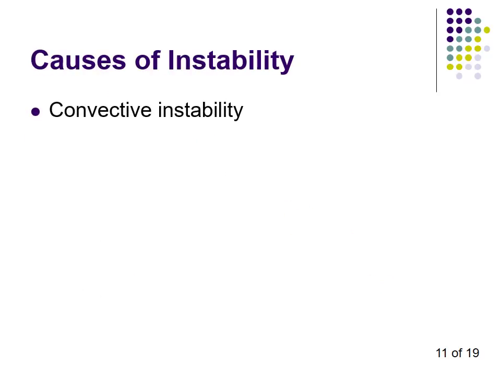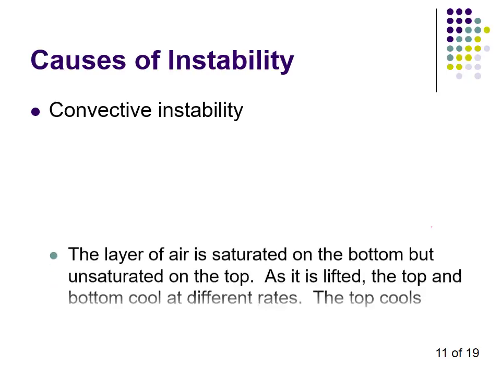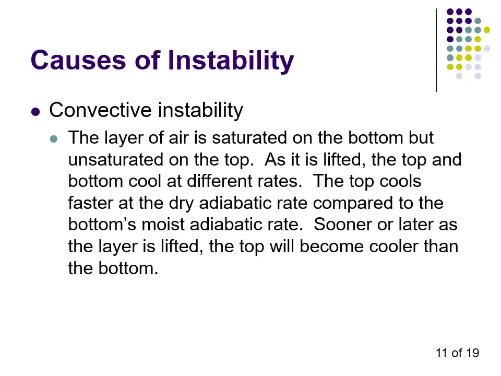Another cause for instability is what's called a convective instability. Well, what is that? That is when you have a layer of air that is saturated on the bottom, but unsaturated on top. So as this is lifted, the top and bottom cool at different rates.